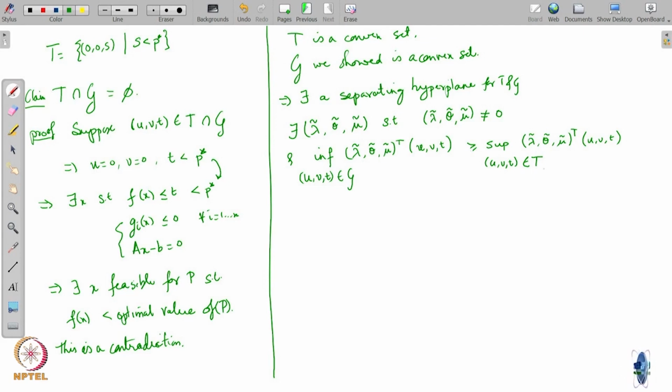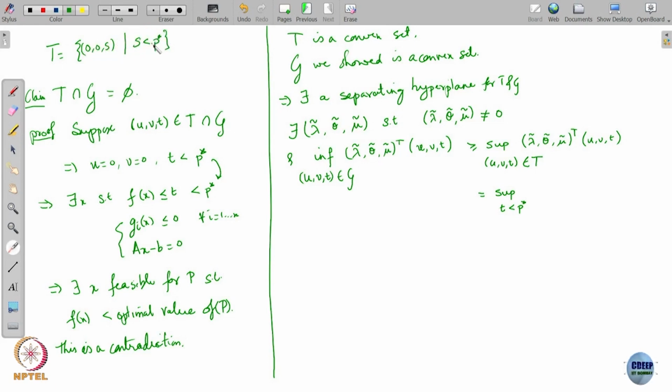So, (u, v, t) belongs to capital T means what? That u and v are 0. So, this particular quantity on the right hand side is actually just the supremum over t less than p star of mu tilde into t. Okay. So, (u, v, t) belongs to capital T means that u is equal to 0, v is equal to 0 and t is less than p star.